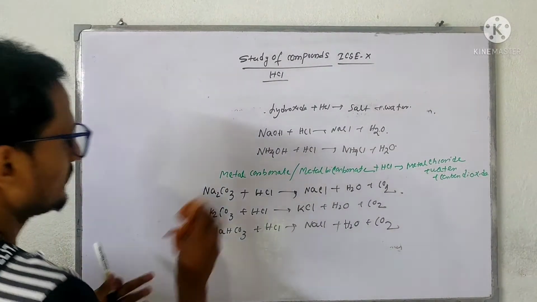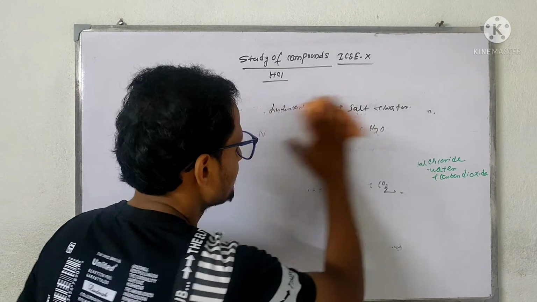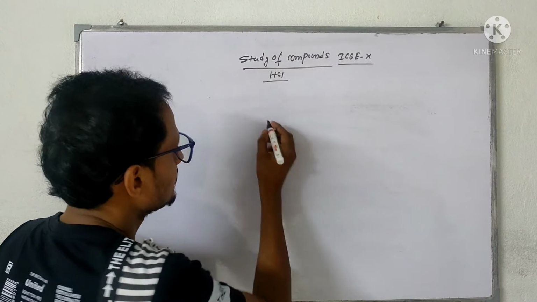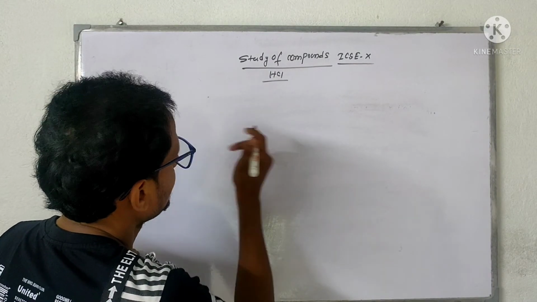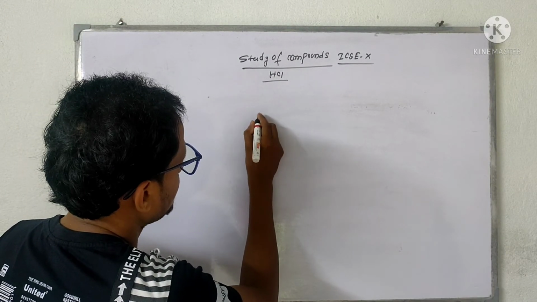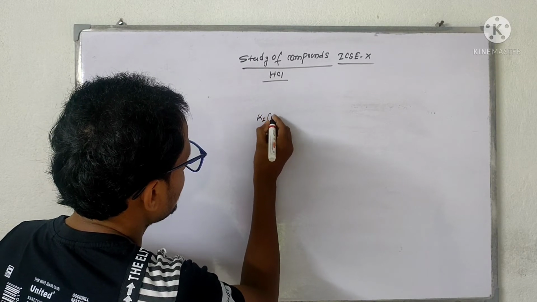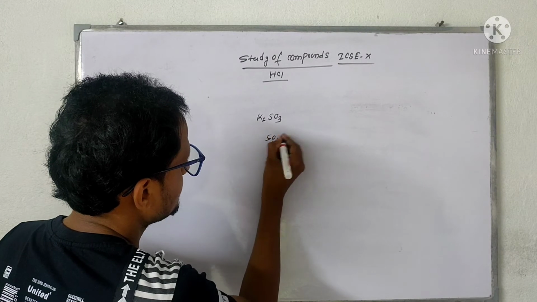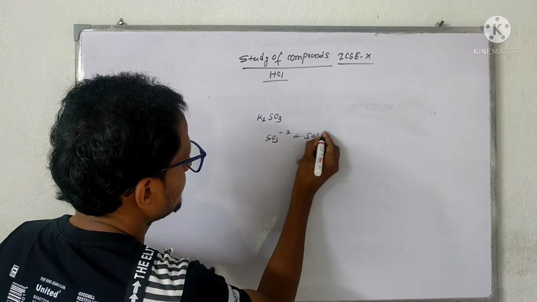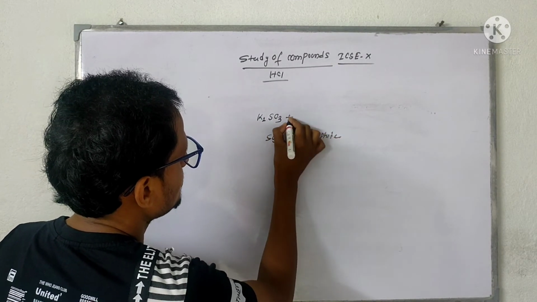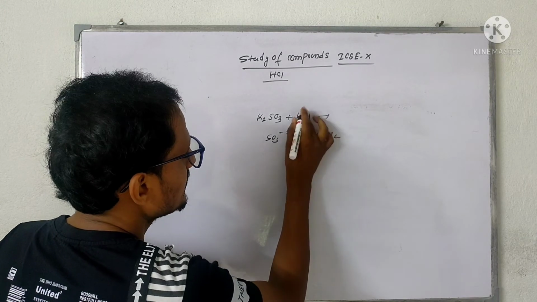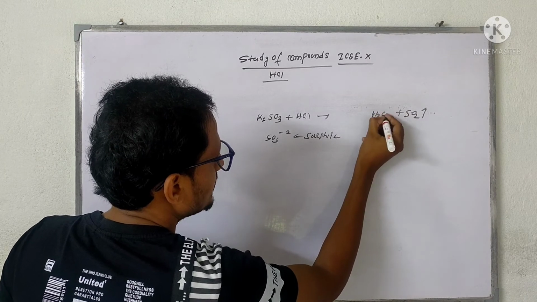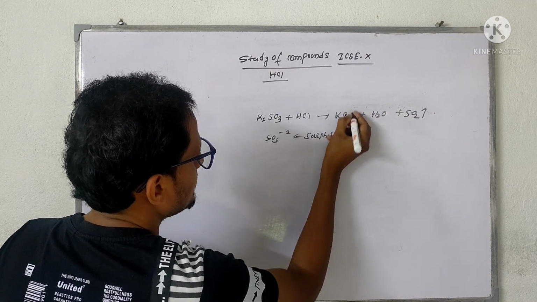Next is that metal sulfite. We know that metal sulfite is K2SO3, because sulfite is the SO3 2- ion. This metal sulfite, when it reacts with HCl, will form sulfur dioxide gas, with water and the metal chloride.